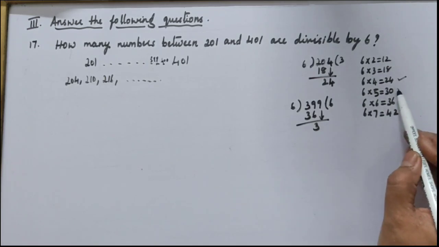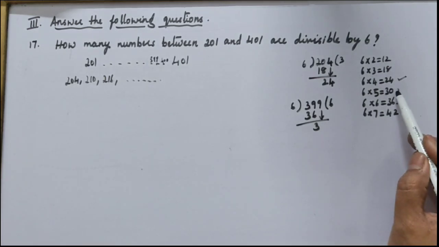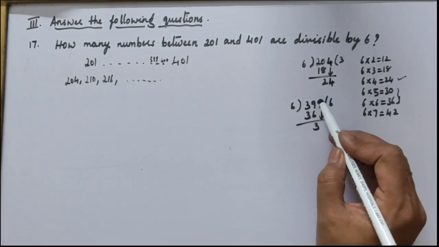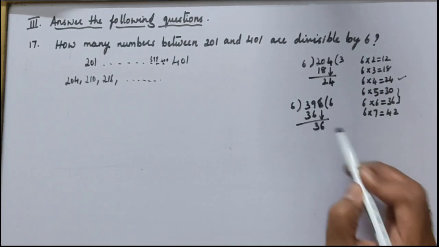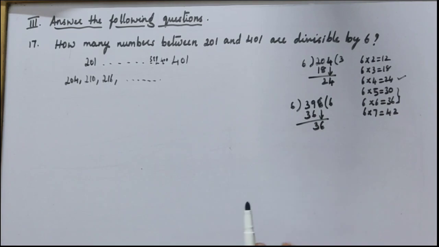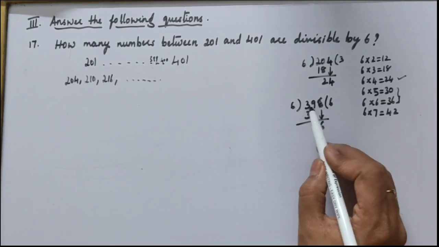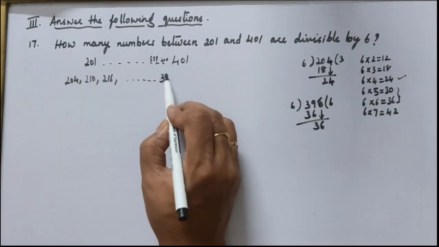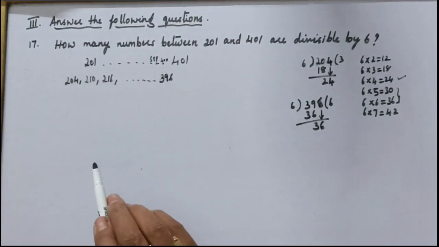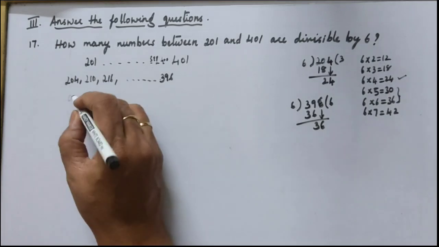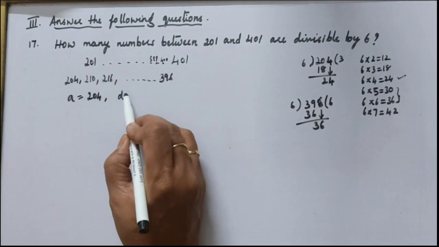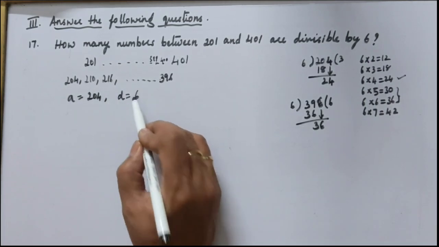In the 30s we have only these two, right? So the nearest to this is 36, so I need to change this number to 6 so that I get a number divisible by 6. 6 6s are 36. So the last number is 396. Hope this is clear, right? Now we have an AP here. What is the first term? A is equal to 204, and the common difference, if we subtract each number, we get 6 here.